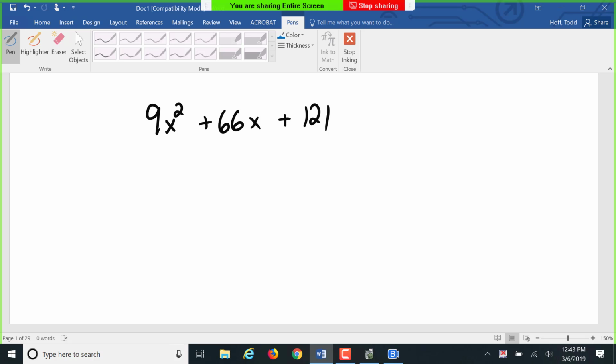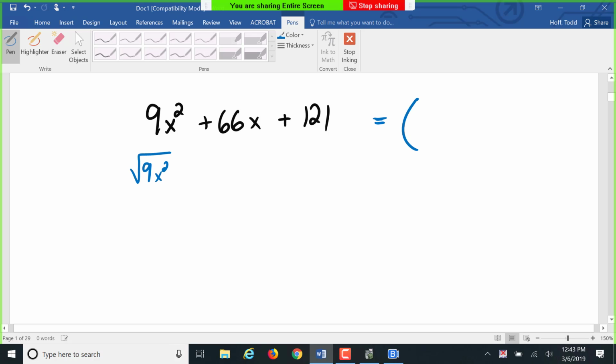And then as I'm factoring, I check to make sure that it really is a perfect square trinomial. I'm looking at this and it looks like a perfect square trinomial. Let's test it. That first term, the 9x squared, what is the square root of 9x squared? 3x. Last term's 121.